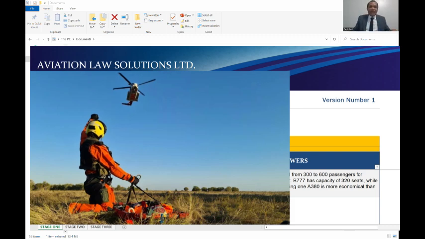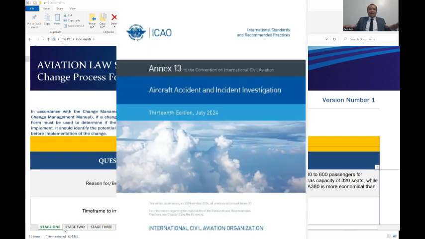Look out for it. Annex 13 talks about aircraft accident and incident investigation. Now, persons may say, okay, after an aircraft crash, why do you want to get into the investigation part of it? Well, the bottom line is that whenever there is an incident or an accident, it is properly investigated. There is something known as just culture.